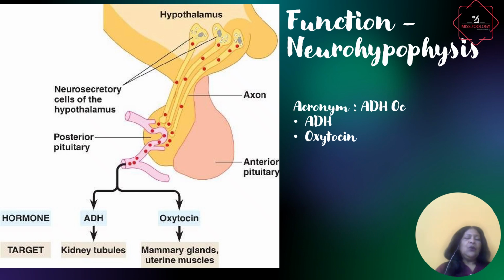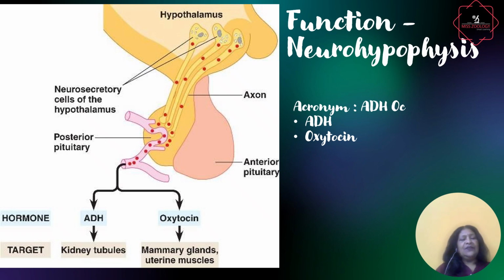Now let's see what are the organs where it sends the neurosecretions. The first hormone which it produces is ADH, antidiuretic hormone. It produces its effect on the kidney tubules by constricting them and reducing the amount of urine output.